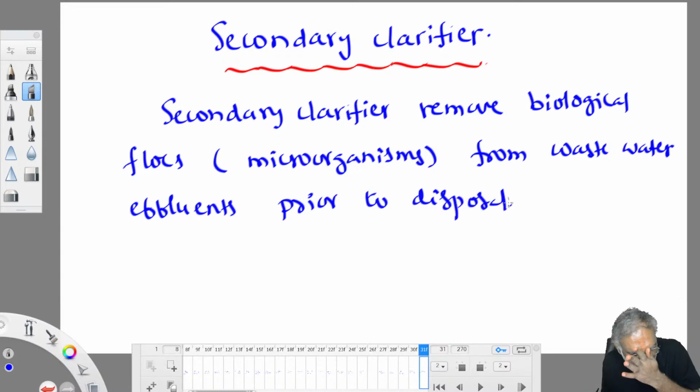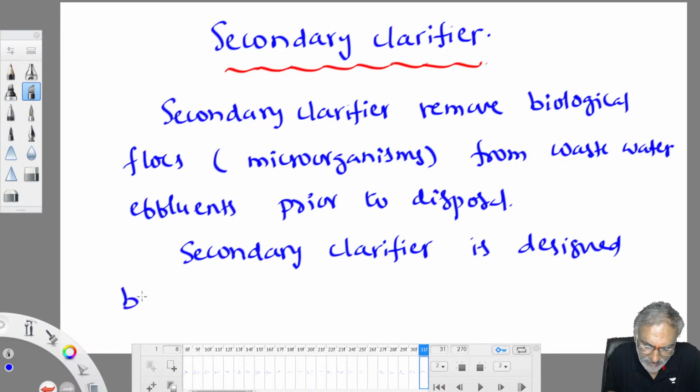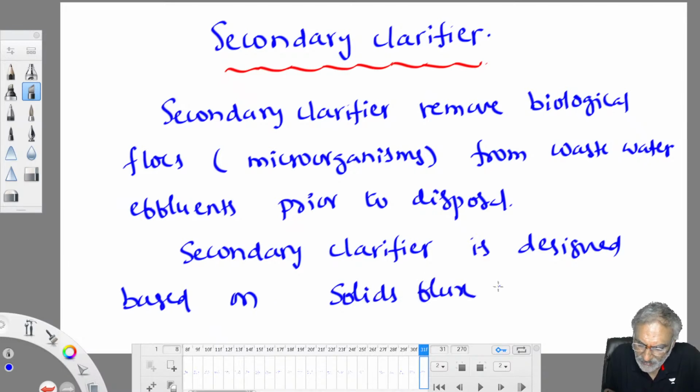So their design is slightly different from normal settling tanks. Secondary clarifiers are designed based on solids flux rate. This question was asked in the GATE exam.